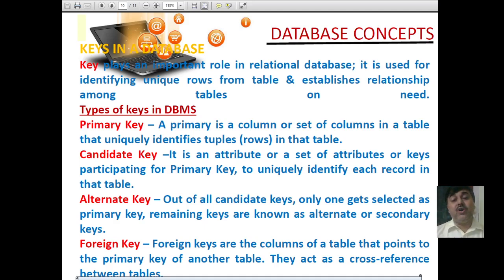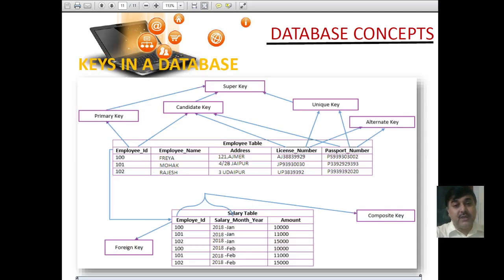Alternate key: out of all the candidate keys, we select only one as the primary key. A foreign key is when the primary key of one table is used in some other table. That means this way we can make the linking among the tables. This is the way that we can provide the link among the tables.